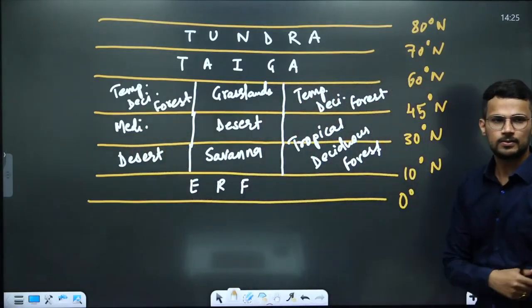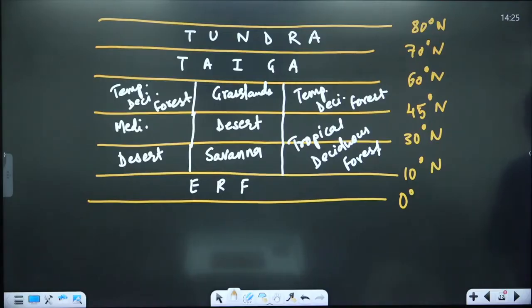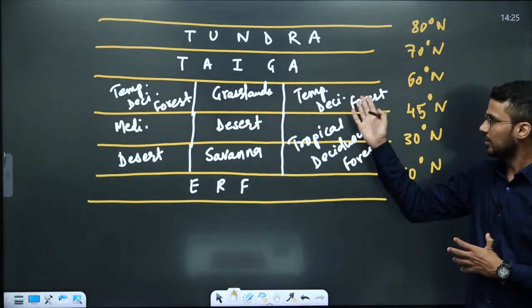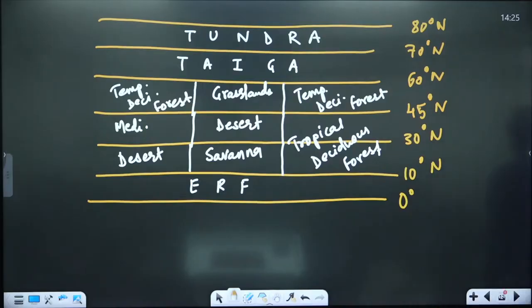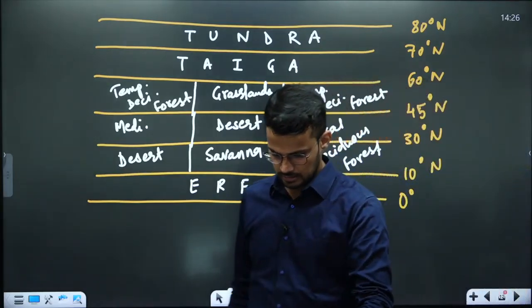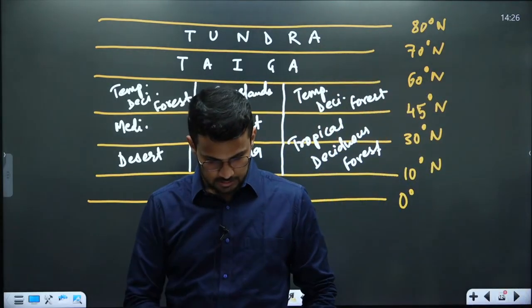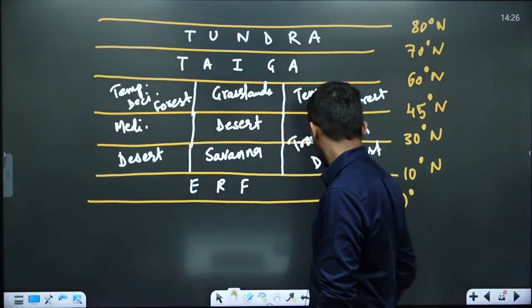Now you can draw this. हाँ, क्या करना है? दोनों तरफ है. It is available in both the margins, eastern margins and western margins both. What kind of soil is present in the Mediterranean biome? You can write down soil. Terra rosa. Terra rosa, important one.